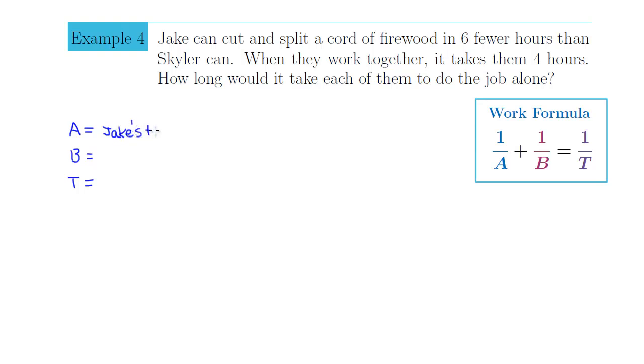So let's say A is Jake's time. B represents the amount of time it takes Skylar to split that same cord of firewood. So let's call B Skylar's time. And T is the time it would take them if they worked together to split that cord of firewood.